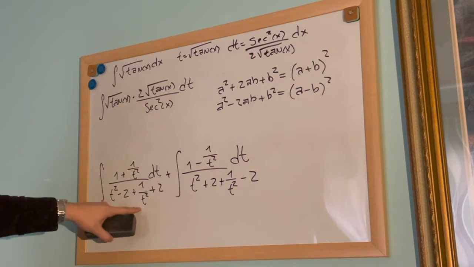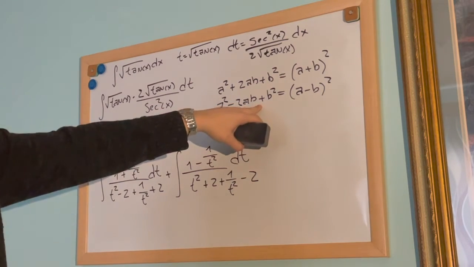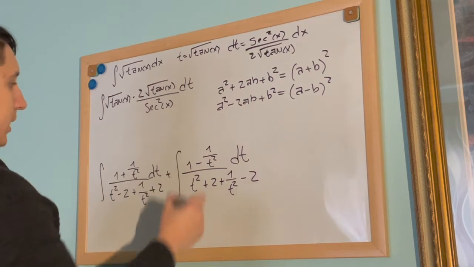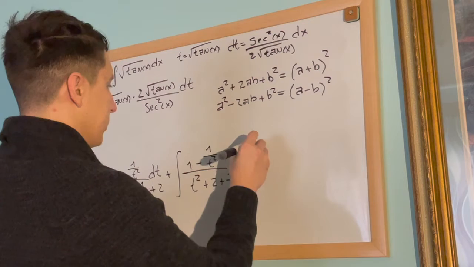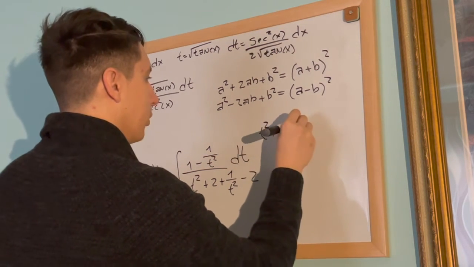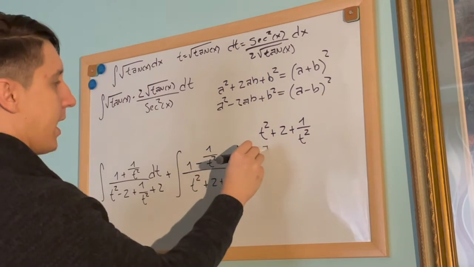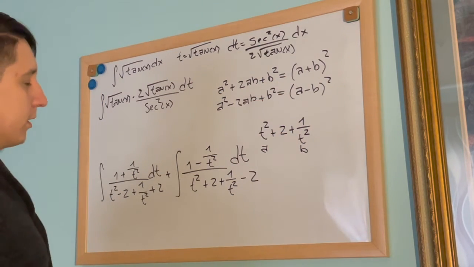And this right here can actually be broken down utilizing these formulas, and you're going to see that here in a second. How so? Well, since this one's just really close, why don't I just do this one. If I rewrite this right here, t squared plus 2 plus 1 over t squared, well, this can be a and this can be b for our formula right here.